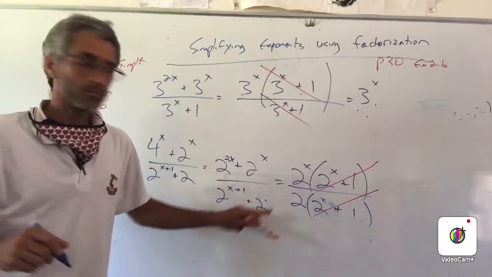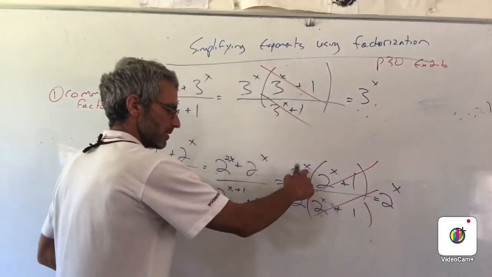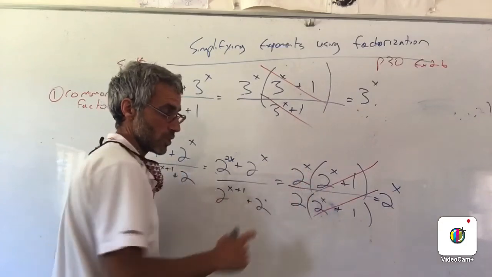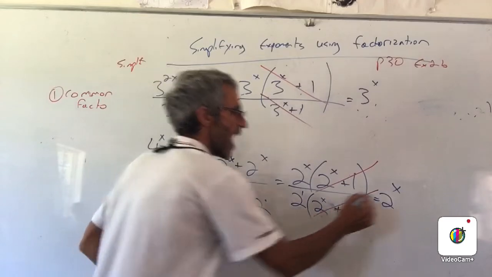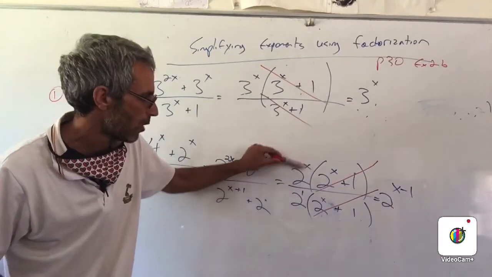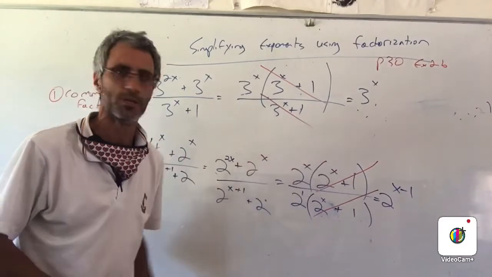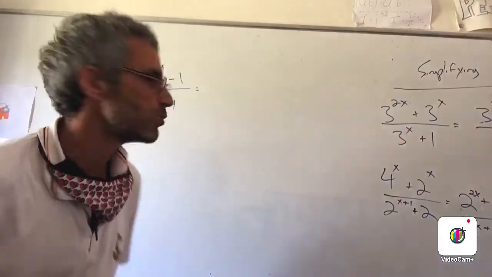What do we get now? 2 to the power of x. We need to simplify. So isn't it just x minus 1? Because the rule was when we're dividing powers, we do that exponent minus that exponent. Alright, let's pause. Let's move on.